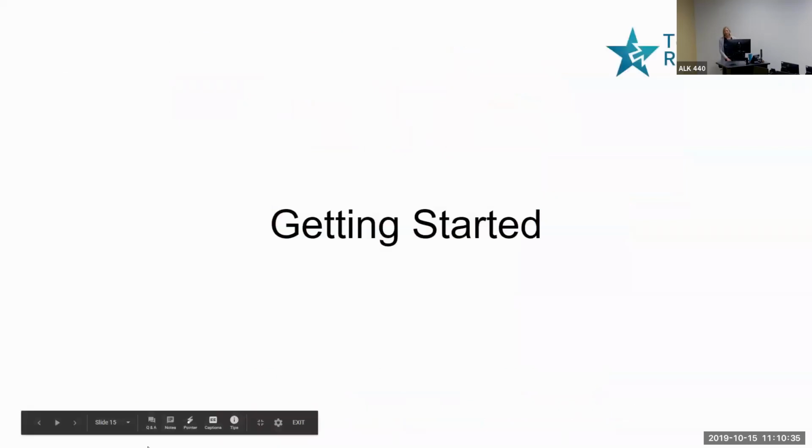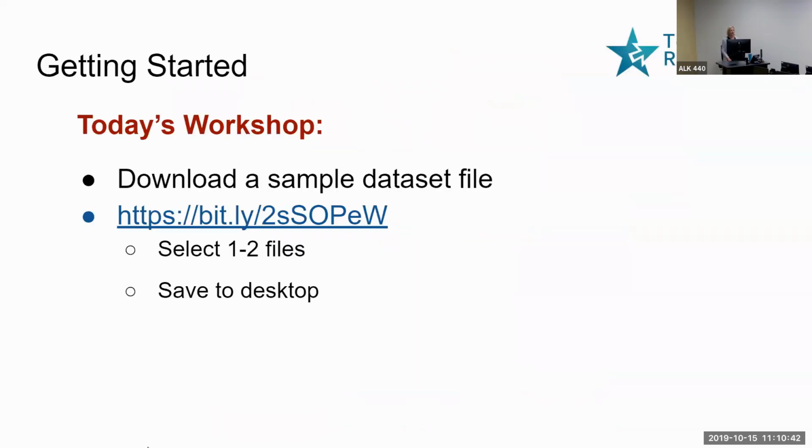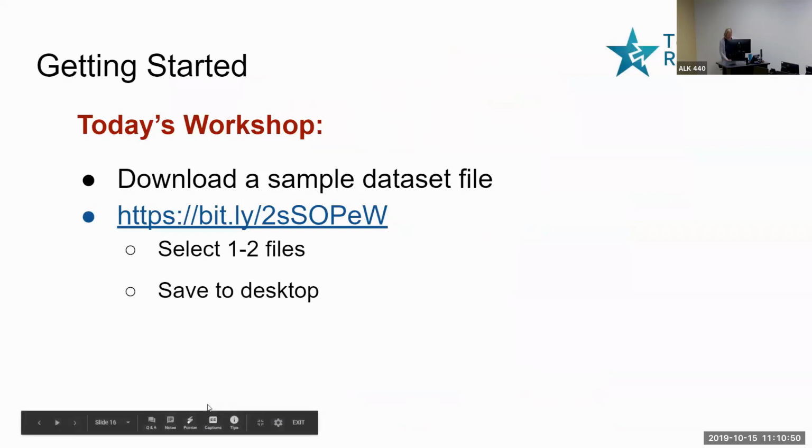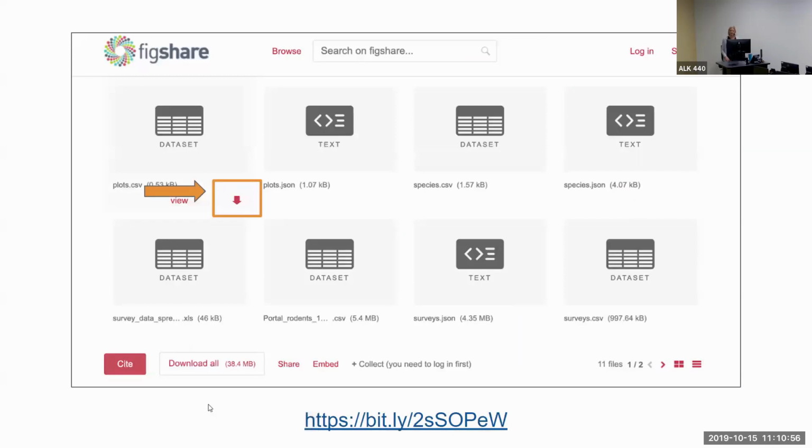Okay, so now we're ready to get started. First, I wanted to see if everyone would go ahead and download 1 to 2 sample data set files from this site here. This is just a Figshare of free training downloads, and this is just if you want to follow along.